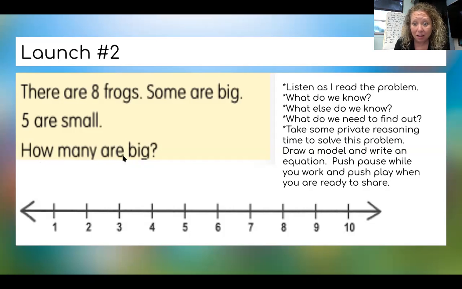It says, how many are big? We need to find out how many of these frogs are big. So take some private reasoning time to solve this problem. I would like you to draw a model and write an equation. Push pause while you work and push play when you are ready to share.